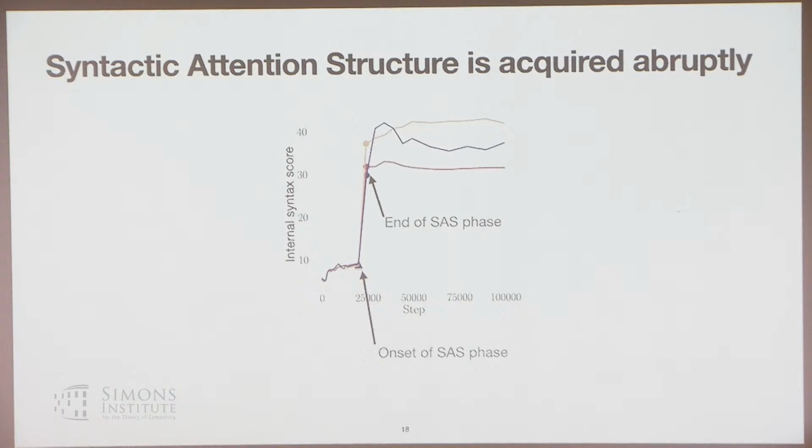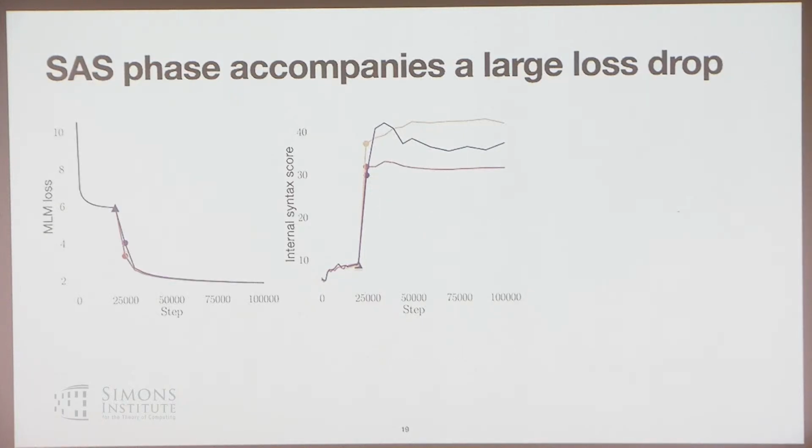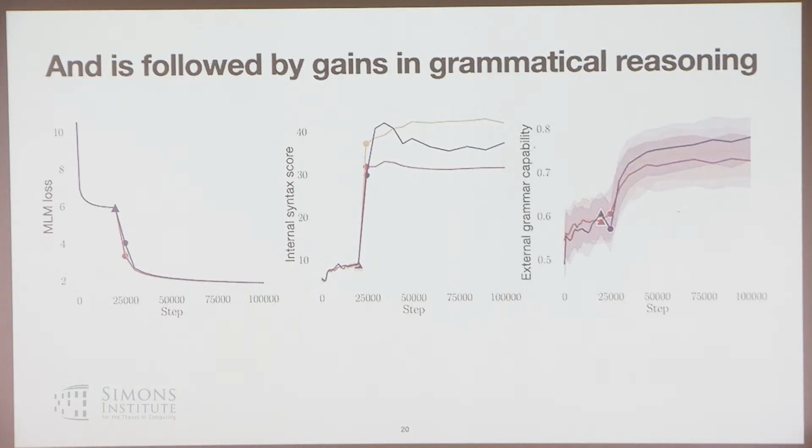It's absolutely a phase change, and it's accompanied by a very big drop in loss. And it's followed by a sudden increase in the ability of the model to handle complex grammatical examples. So we've not only found one phase change, we've found two consecutive ones.